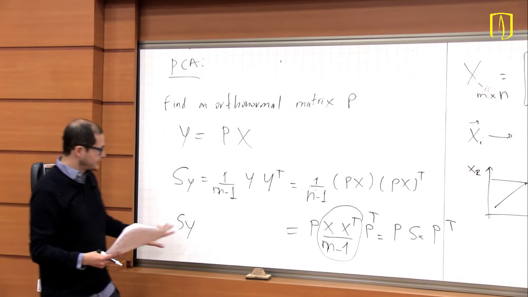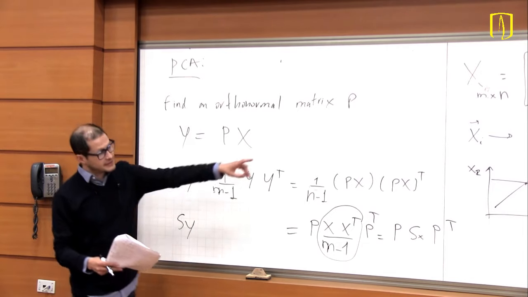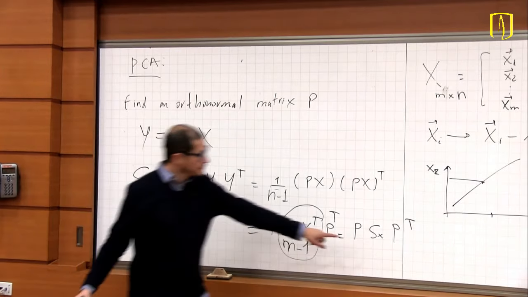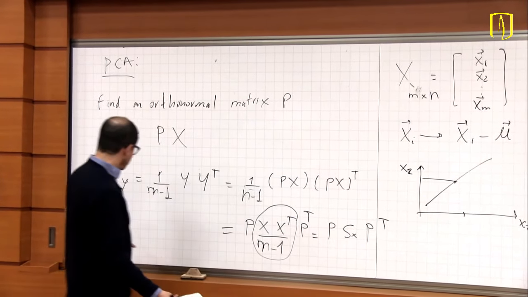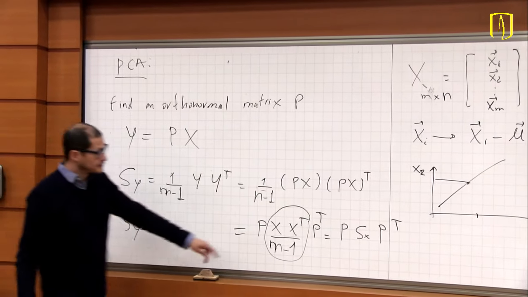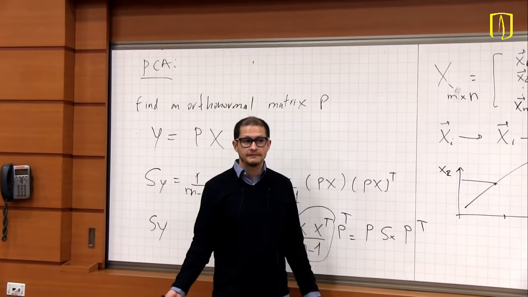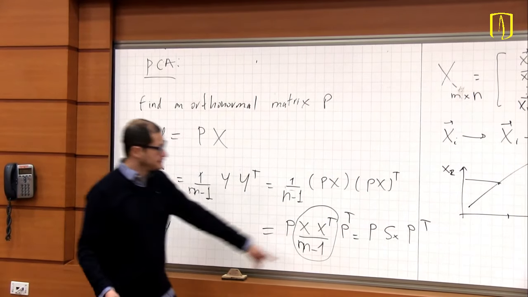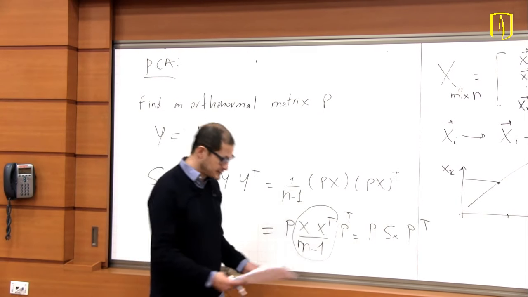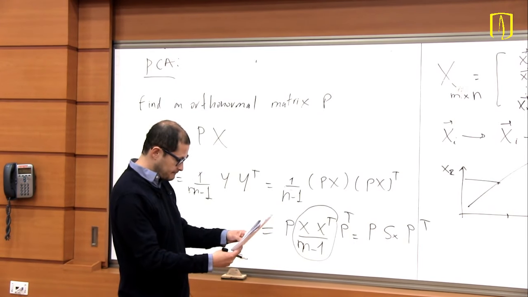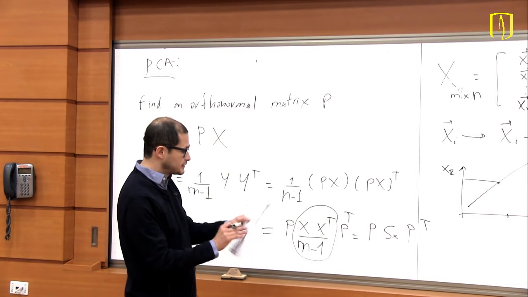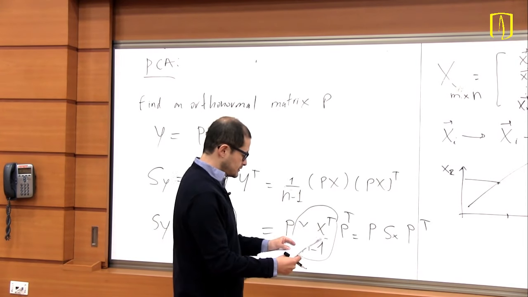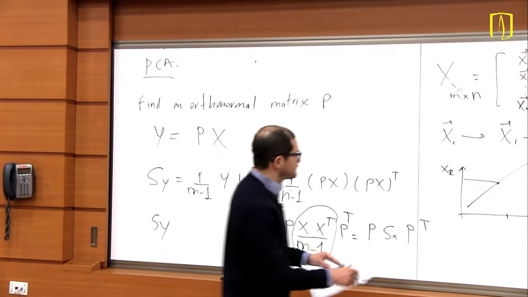Okay, so let me go ahead. As I was saying, what this is telling us is that we need to take this original covariance matrix and find the diagonal version of it through this transformation P, right? And how do we do this? We diagonalize the matrix, right?